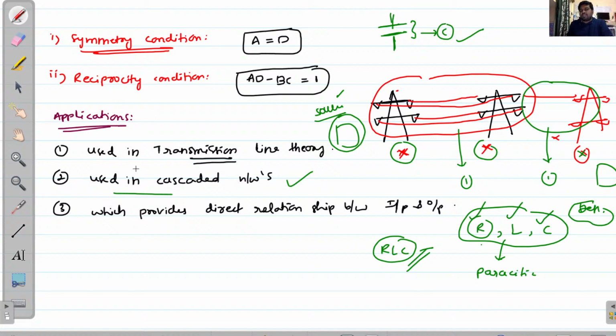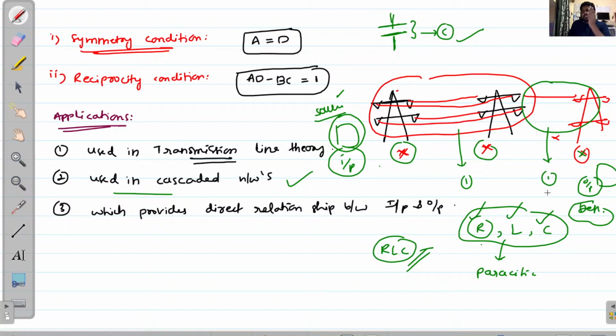They are especially helpful in transmission line theory, and they provide a direct relationship between input and output. The source is your input, and the destination is your output, and we can maintain a direct relationship between input and output with the help of these transmission parameters. One more important thing: while transmitting this energy from source to destination, this is a one-way transmission, right?